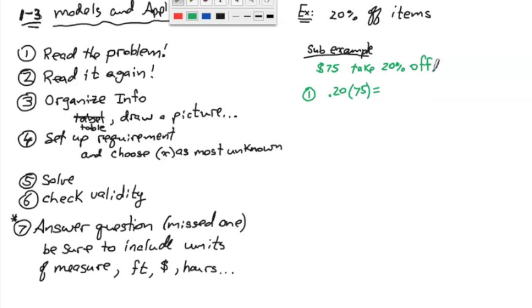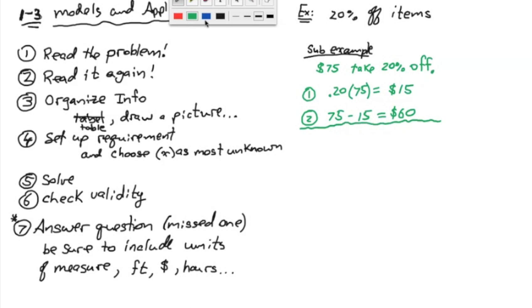So, what's 20% of 75? $15, and then you take the $15 and subtract it away from the 75. So your sale price would be $75 minus $15, better known as $60. Great. That's 8th grade style.